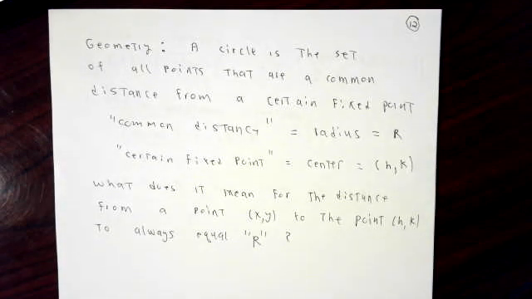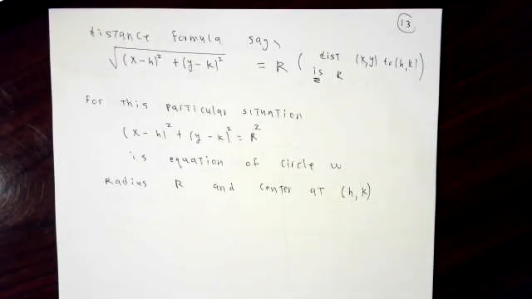So what does it mean for the distance from a point, which I'll just generically think of as xy, to the point hk, the center, to always equal this r number? I'm literally going to write the distance formula down. The difference of the x coordinate squared, add in the difference of the y coordinate squared, take the square root of that, and you get the radius.